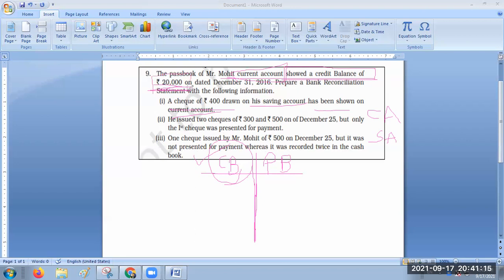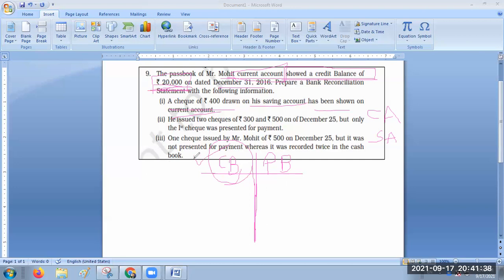So the 20,000 you have to write as current account passbook balance as on 31st December 2016. Likewise, you have to start. Did you understand? Yes, sir.